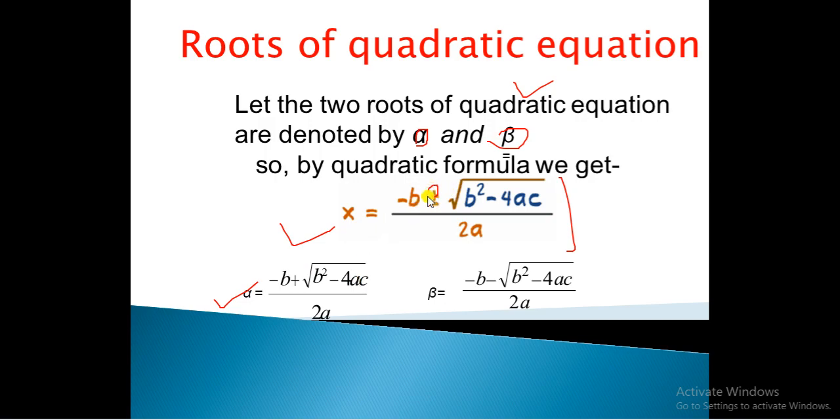This is on taking plus sign. And when we take minus sign, we get beta is equal to minus b minus under root b square minus 4ac upon 2a. So these are the two roots of the quadratic equation. This you also used in the last exercise to solve some questions.